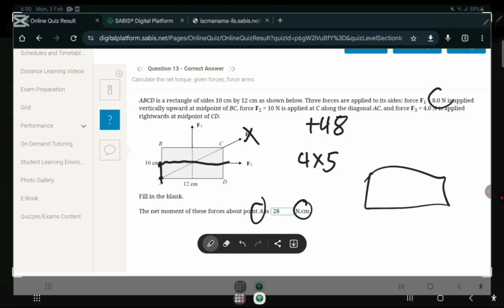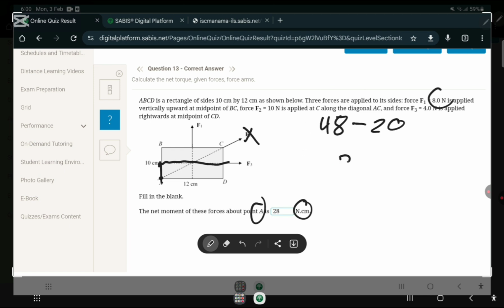Draw a rectangle here. This is the axis of rotation, and a point going like this. Draw it around the axis of symmetry. It's going to be going clockwise. So it's going to be negative. 4 times 5 is going to be negative 20. So 48 minus 20. The answer is 28 Newton on centimeter.